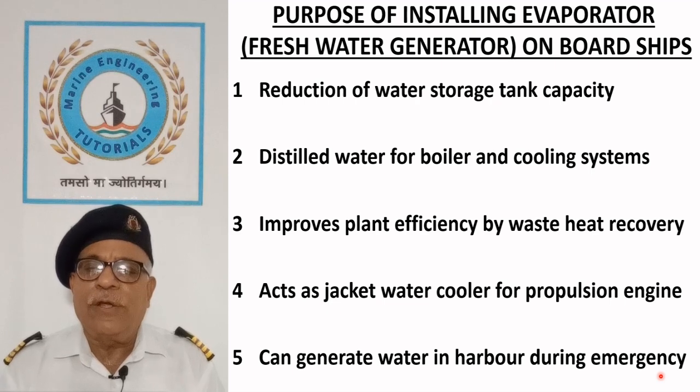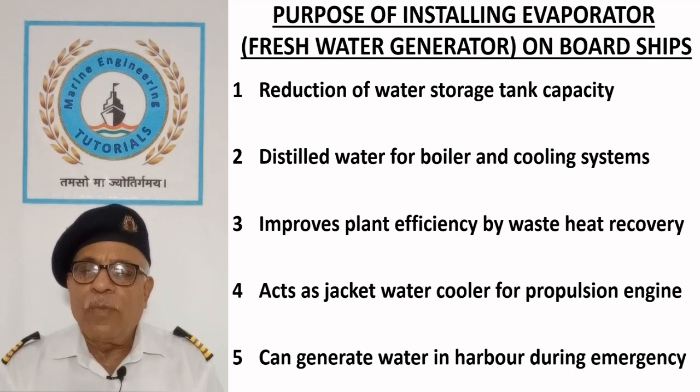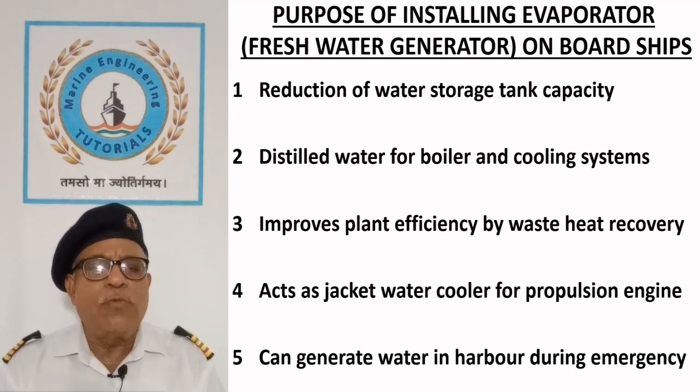If freshwater generator is equipped with steam heating system, it can be used in emergency to generate water when there is long waiting at the harbor and freshwater or distilled water cannot be received from shore.